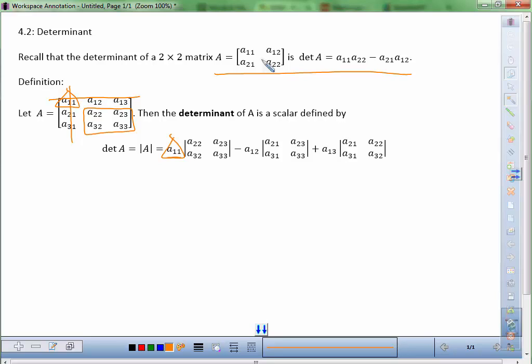But after we establish some of these definitions, we'll get into some deeper theory of determinants that might be a little bit more meaningful.